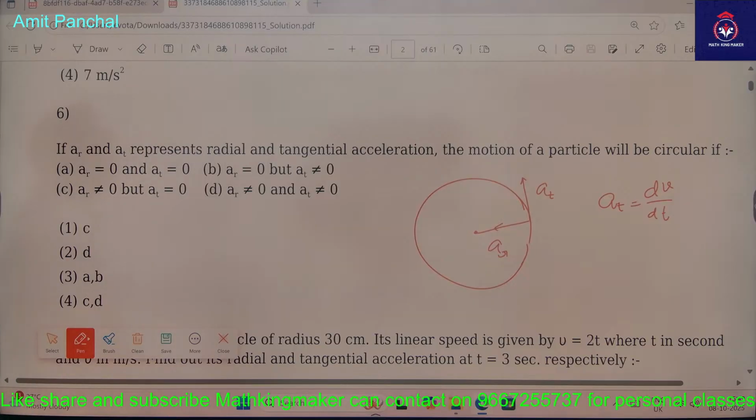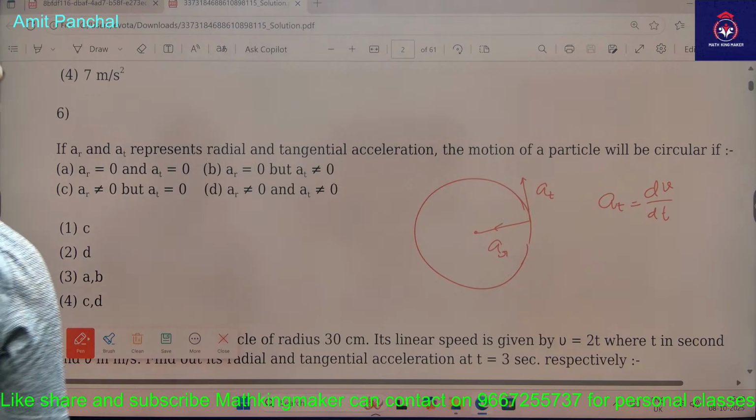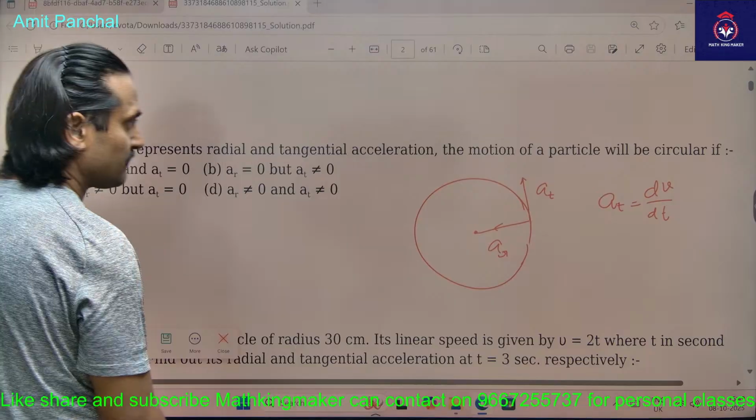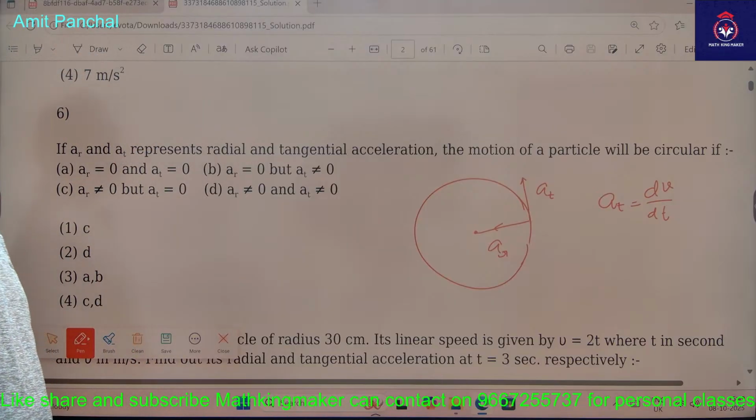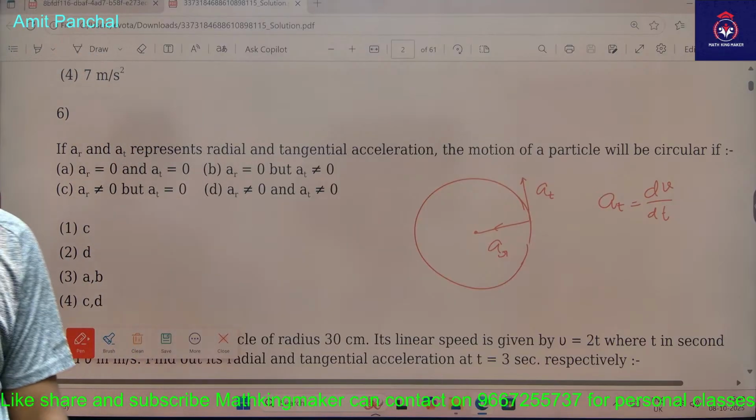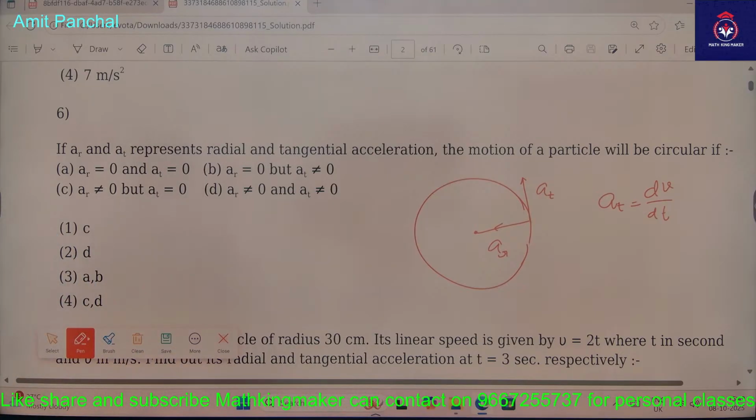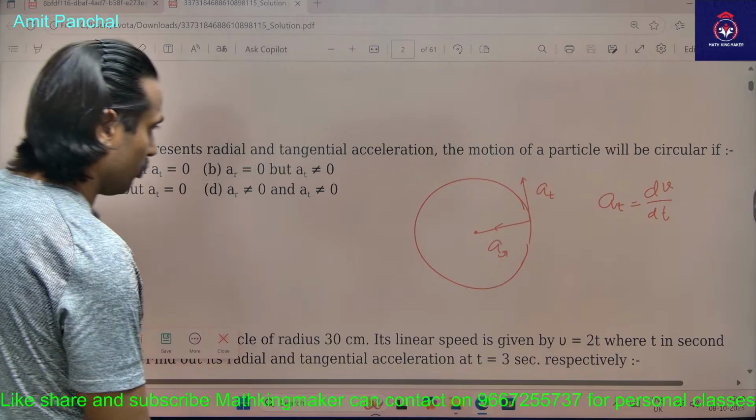Can't tangential acceleration be 0? If tangential acceleration is 0, then it will just move towards the center. Why? I was thinking that they both are balancing it. No, they are not balancing the body.